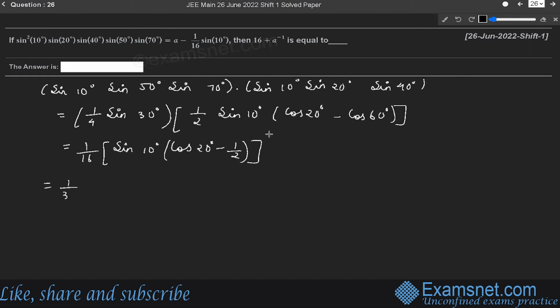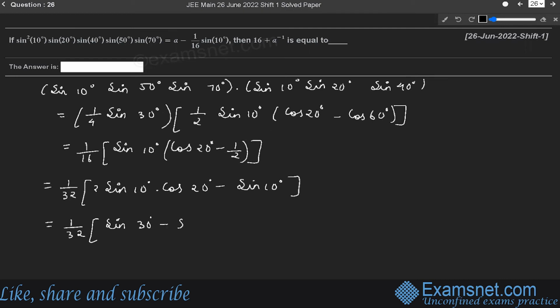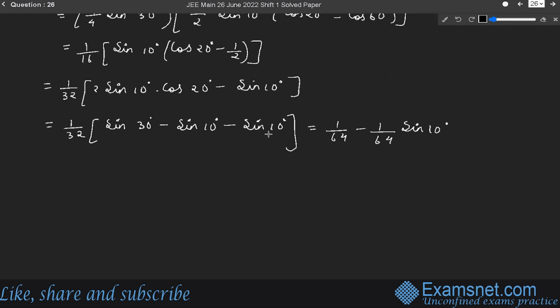So it will be equal to 1/32 · (2 sin 10° cos 20° − sin 10°). Further solving, it will be equal to 1/32 · (sin 30° − sin 10° − sin 10°). So this will be equal to 1/64 − 1/64 · sin 10°. So it is clear that α is equal to 1/64.